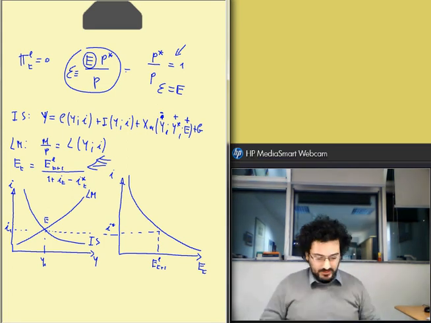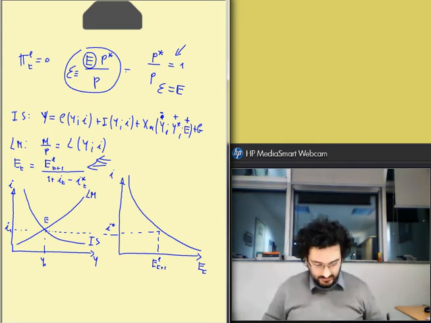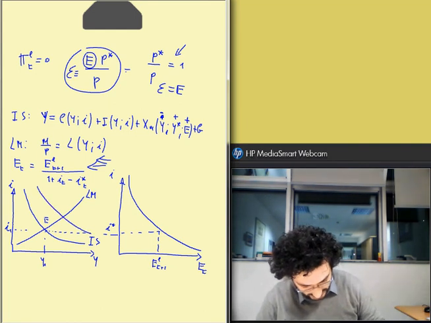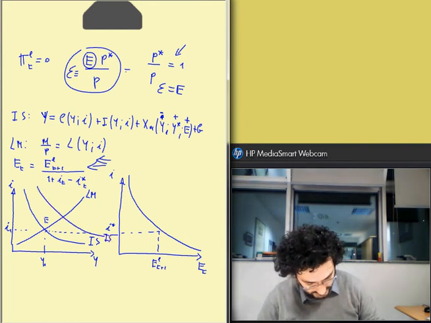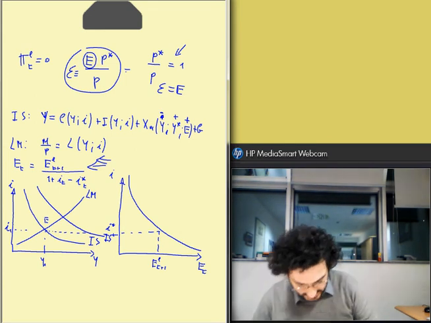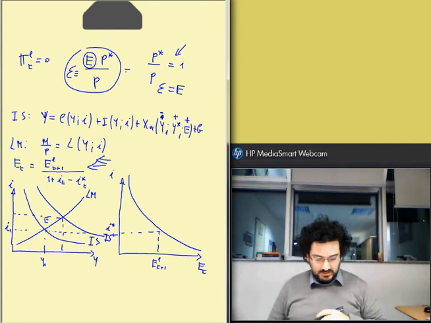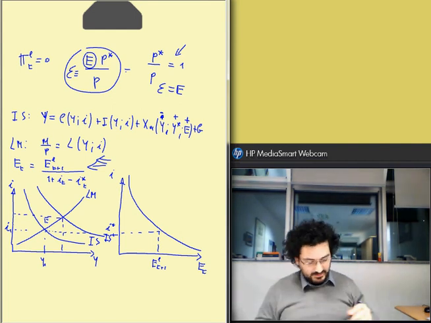This means that there is no expectation of appreciation nor depreciation. Now, if we have a fiscal expansion in government expenditure, we have this movement from IS toward IS prime. This means an increase both in interest rate and in income.